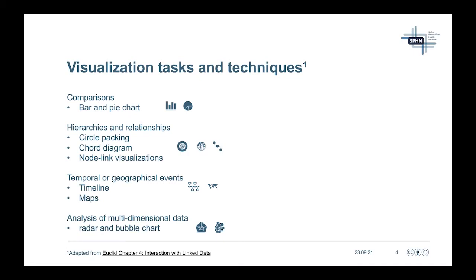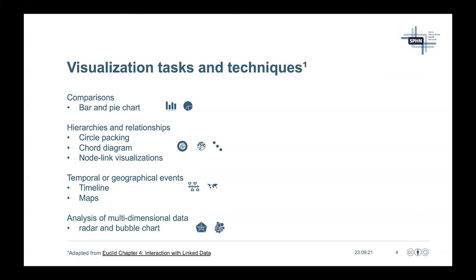Another common task is to visualize hierarchies and or relationships, and there are various methods which can be used to accomplish this task. For example, there is circle packing, which can be used to visualize hierarchies by putting circles inside of circles. Then there is also the chord diagram, which can be used to produce nice visualizations of relationships. And there are also node link visualizations.